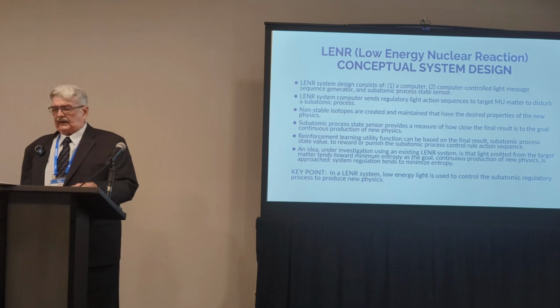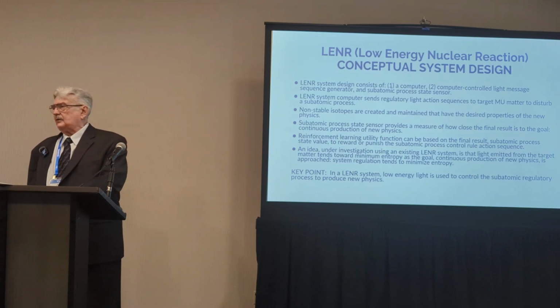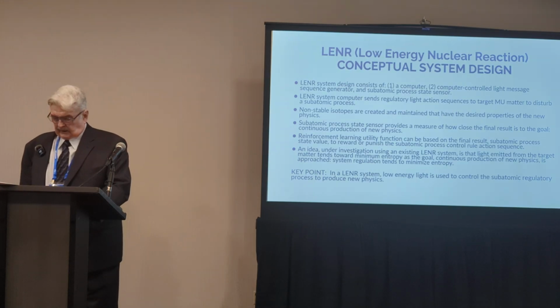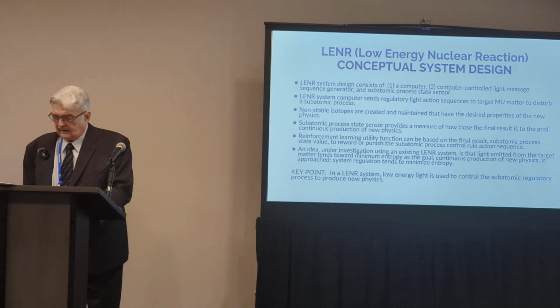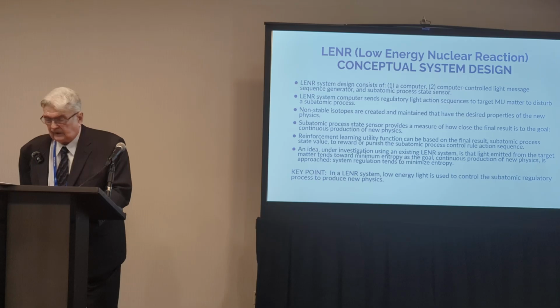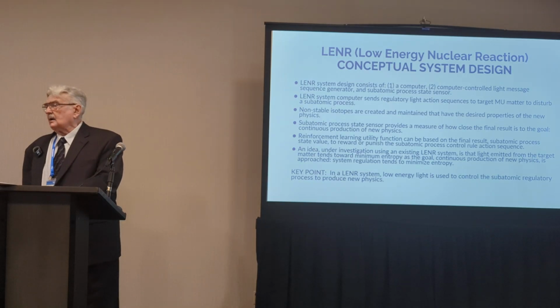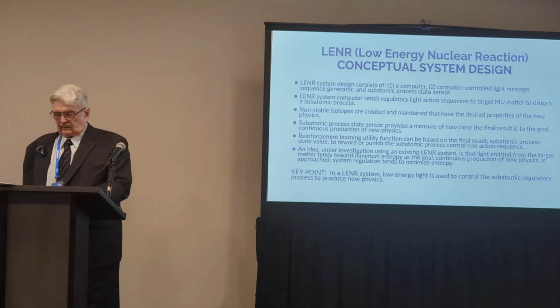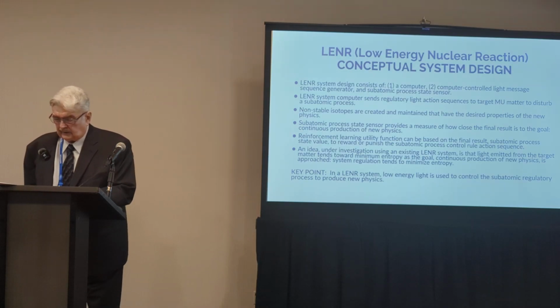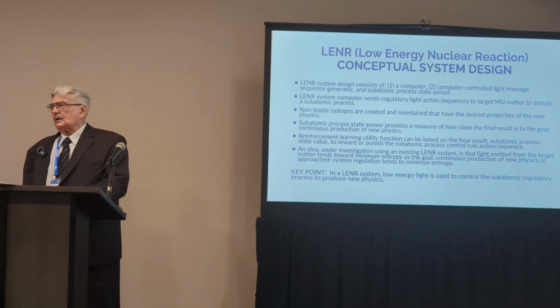Okay, so this is what we've come up with so far, the design. First of all, the system consists of a computer-controlled light message sequence generator, and a subatomic process state sensor, which is probably just measuring the frequency of the light, because that's what the state really is. But I may need something else in order to control reinforcement learning.